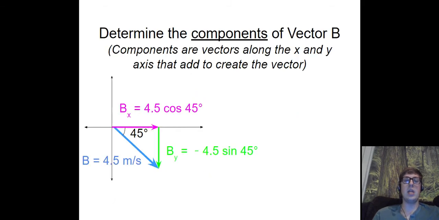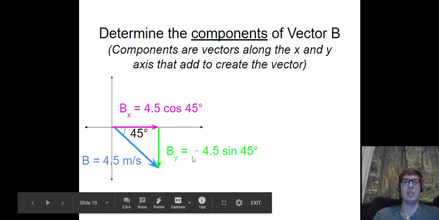If we look at vector b, we see this is 4.5 times cosine of 45 here. This one is going to be negative. Take note. It has to be negative because it is below the x-axis here. So we have to have a negative sign here to figure it out.